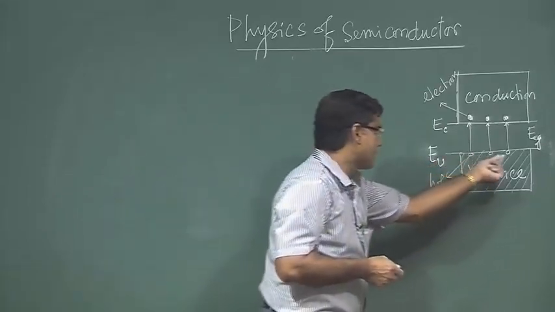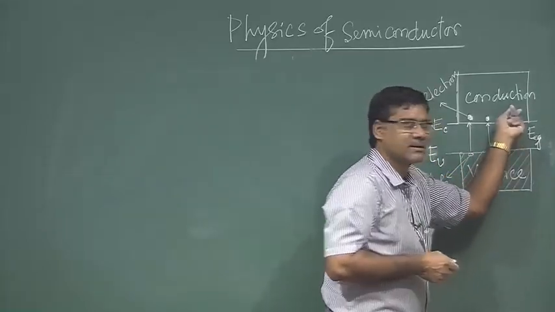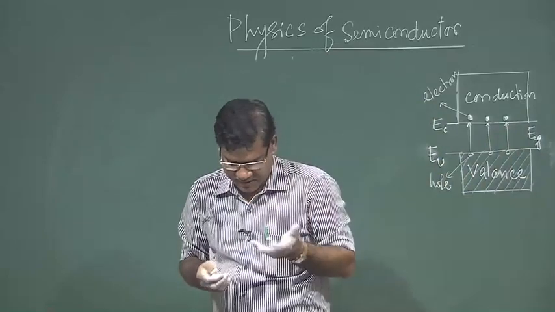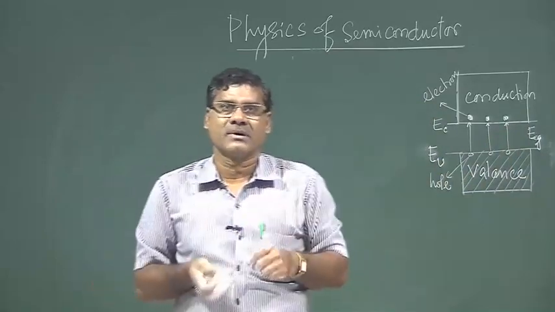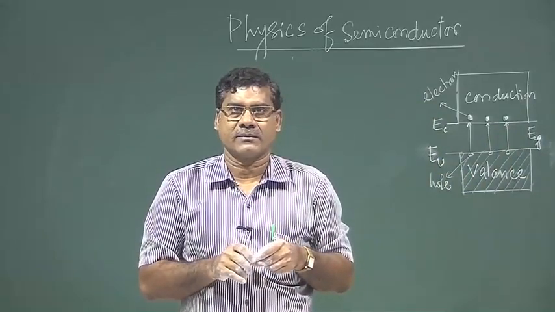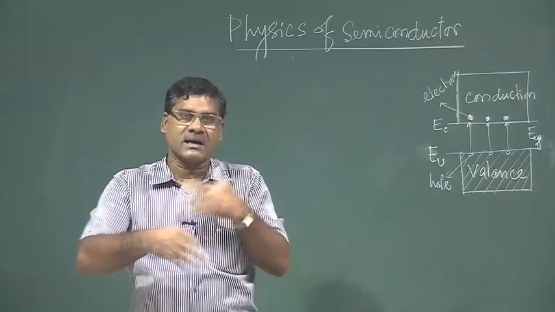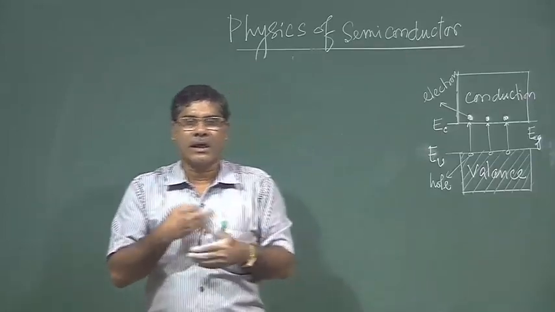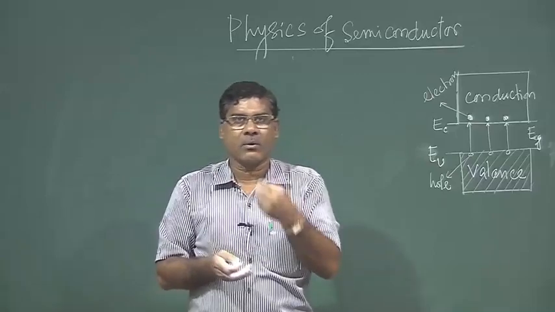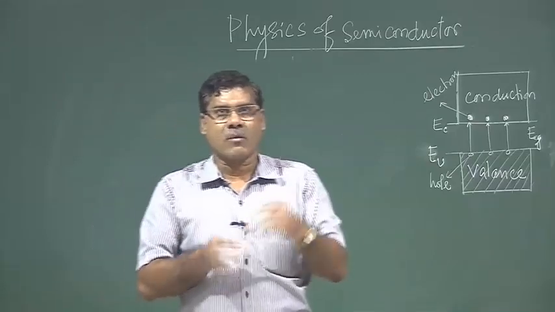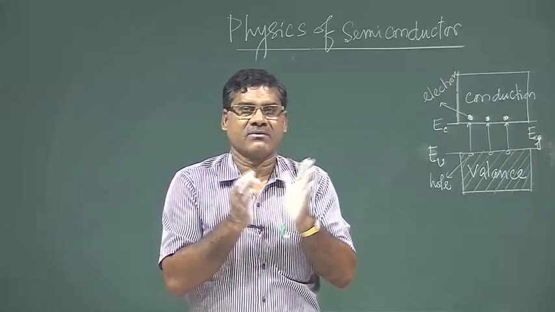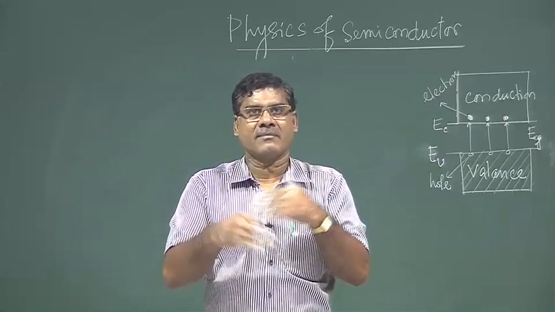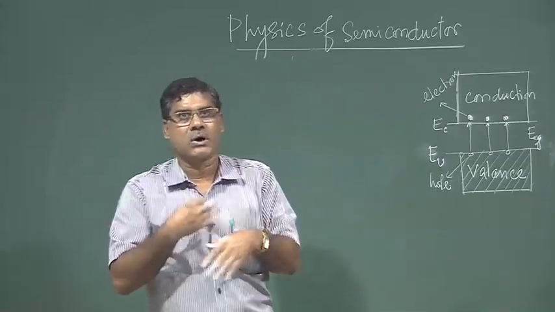Also, when one electron goes from here to there, then we generate a pair of hole and electron, right. So, the generation of a pair of hole and electron, and recombination of a pair of hole and electron, all the time it goes on, right.